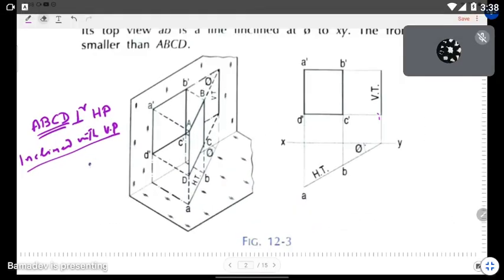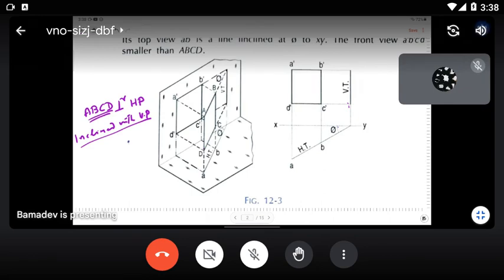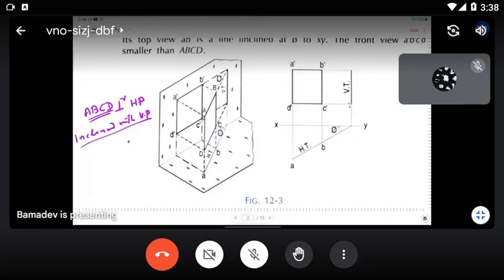Are you able to understand it? How to draw the projections if a plane is perpendicular to one reference plane and inclined to the other?